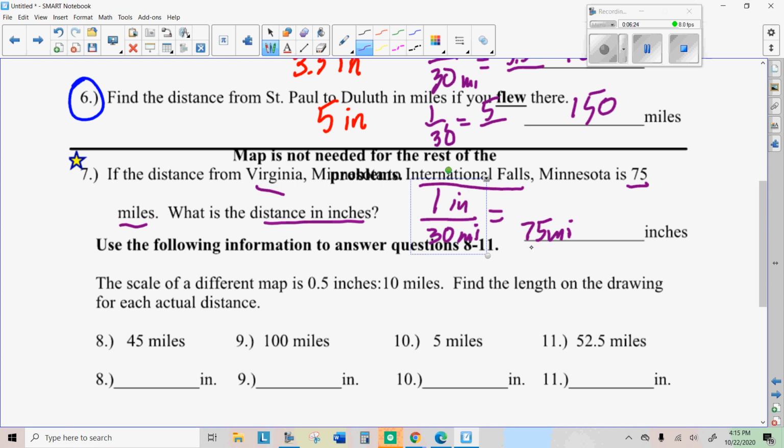And then up here we find the inches. So it would be 1 times 75, which is 75, divided by 30, which is 2.5 inches. All right, why don't you try the next 4 problems. See if you can figure out how many inches it would be.